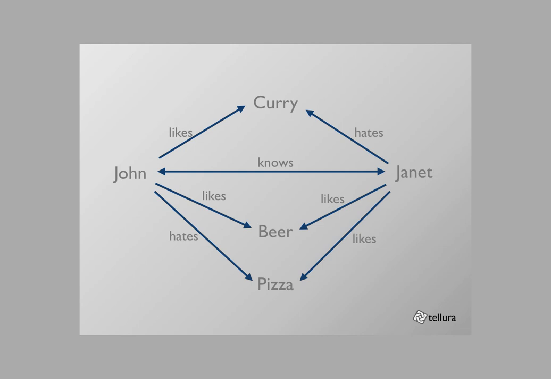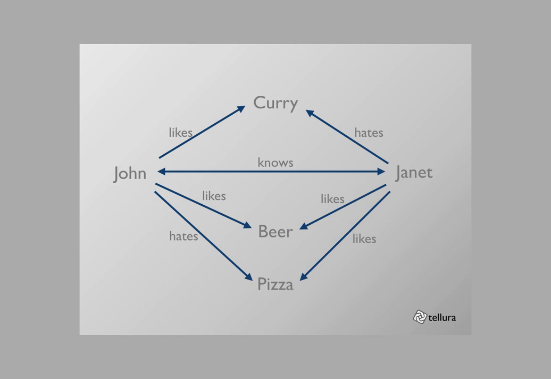We have entities like John and curry and Janet and beer and pizza, and we have predicates that link them together. In fact, these predicates have a little bit more detail that we could probably look at here. Notice that John likes curry, but that arrow only points one way. Curry doesn't like John. That's one of the rules that we build into our ontology. Similarly, John knows Janet.